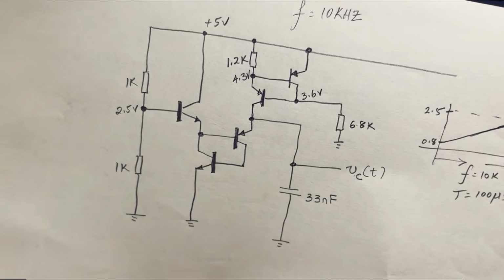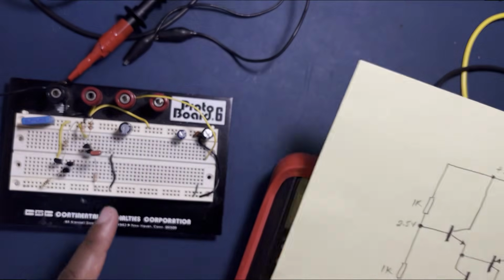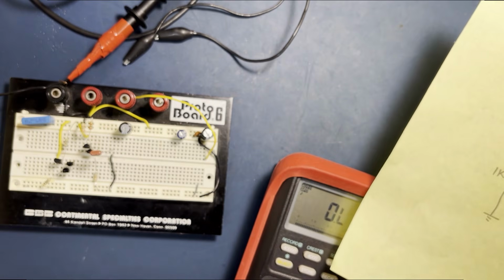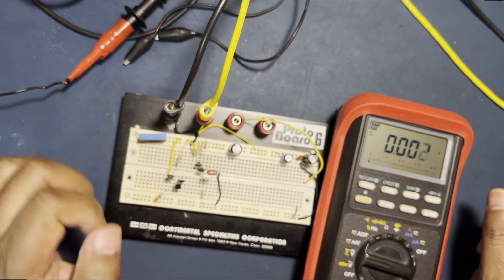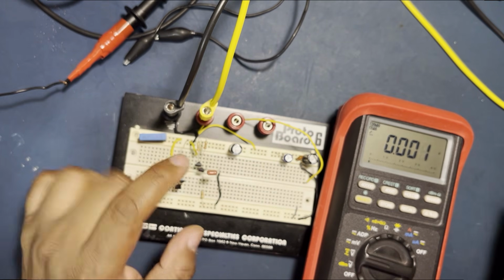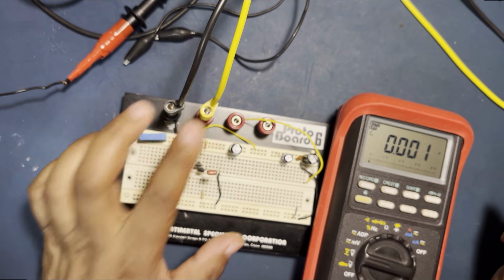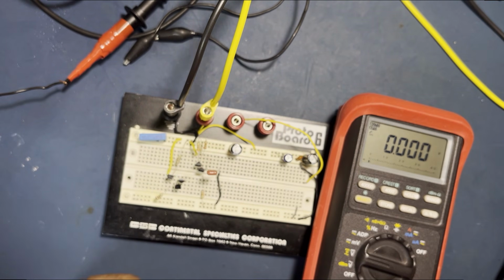So let's hook the power to this and then let's do the measurement. Okay, so we're going to do the measurements. So from my power supply, I have 5 volts coming here, positive, negative, right? And I'm just going to power it up right now. So it's powered up, and let's do the measurement now.